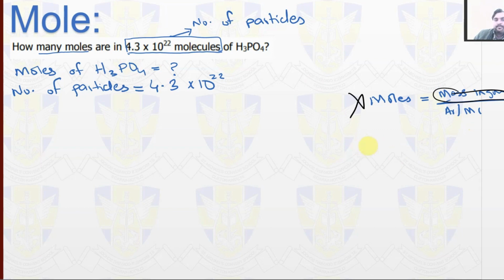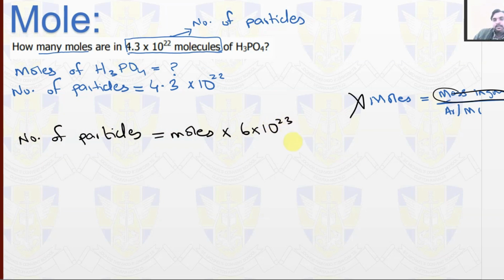So obviously you have to apply the second formula, which is for the number of particles. The number of particles also has moles included in it. So the number of particles equals moles multiplied by Avogadro's number, right? Now the number of particles is already given to you, which is 4.3 into 10 to the power 22.